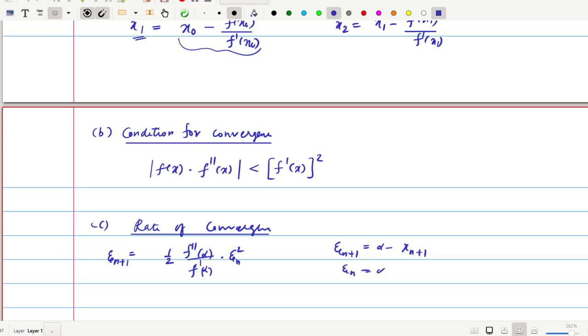Similarly, epsilon n is alpha minus x n. So this is the rate of convergence.